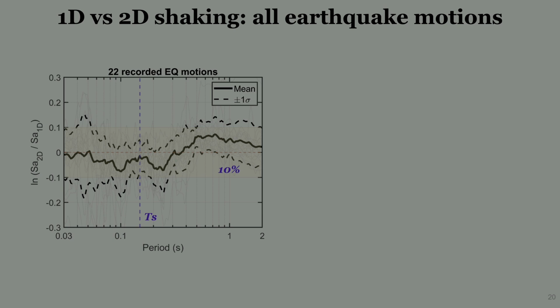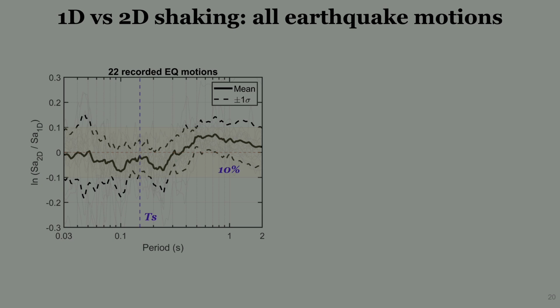So these are the results of 1D versus 2D shaking for all the earthquake motions. As I previously mentioned, I used 22 earthquake motions. Here I plotted the log difference between the spectral acceleration in 2D over spectral acceleration in 1D versus the period. Here is the mean curve and the plus minus 1 standard deviation curve.